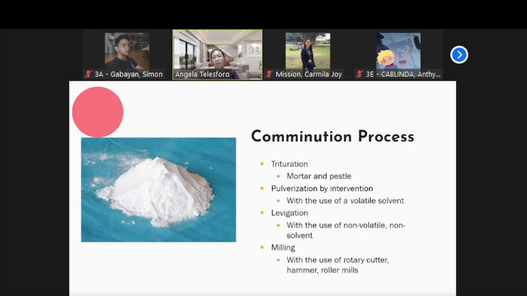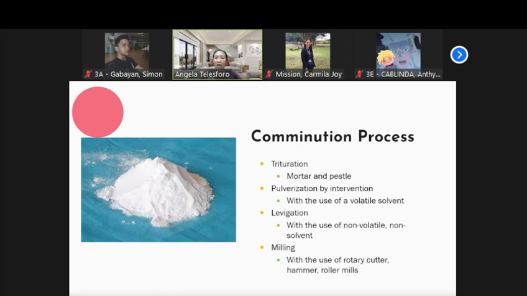We have four processes: trituration, pulverization, levigation, and milling. The most common is trituration. We triturate by the use of a mortar and pestle. When we triturate, the end product is that the size of the powder gets smaller. So that's the purpose.